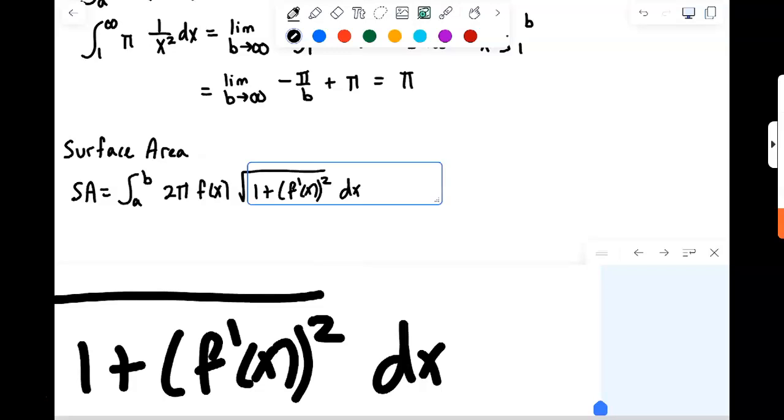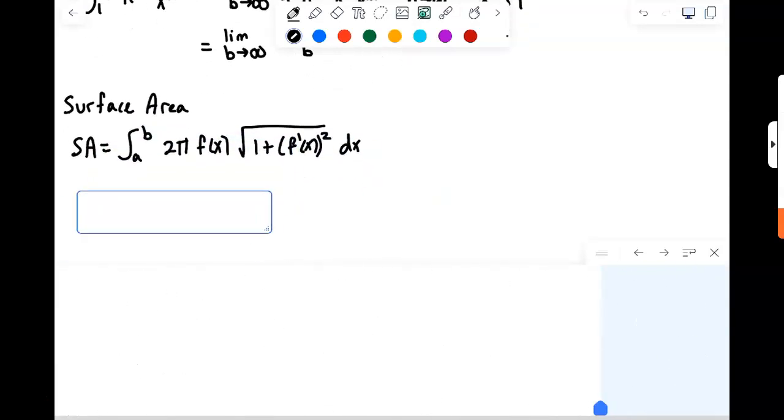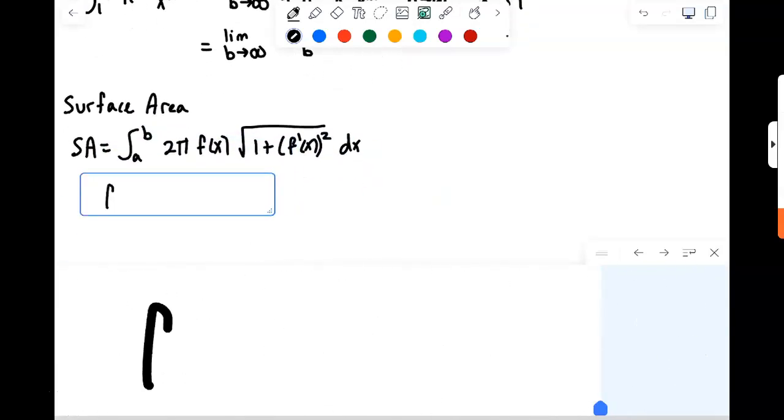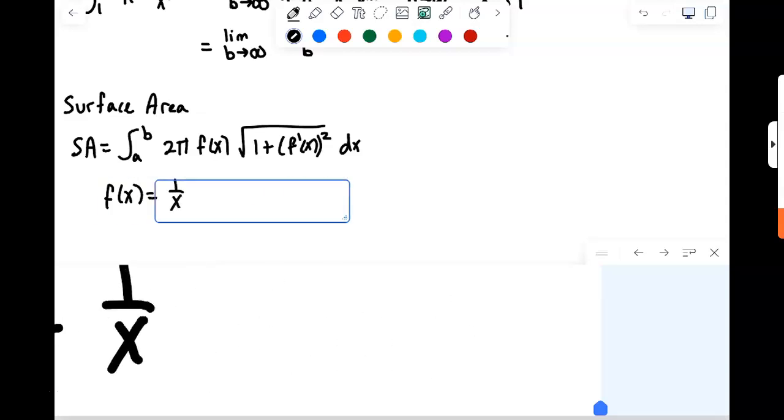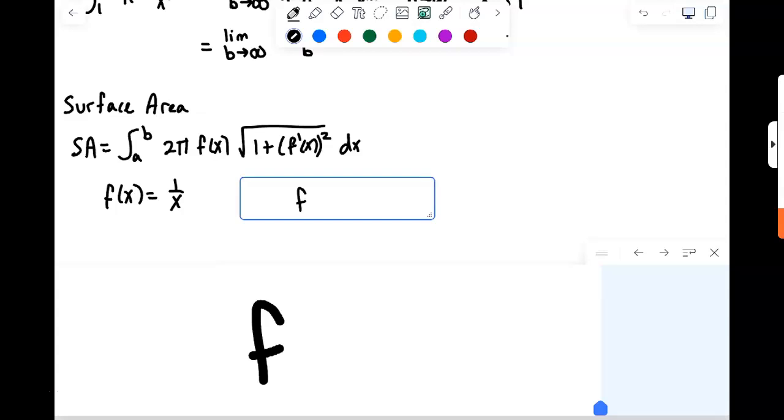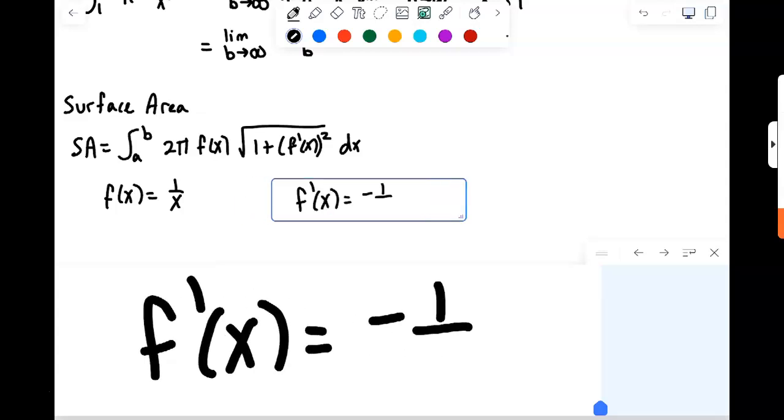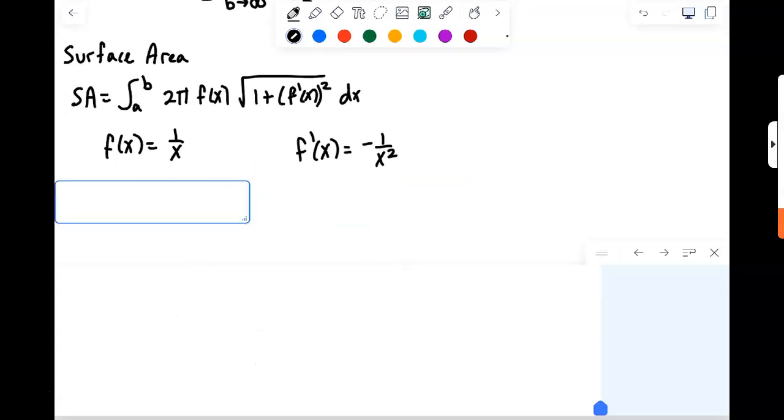So let's take a look at that here, and we're going to try to work out this integral here. So first things first, f of x is just our 1 over x function, and f prime of x is the derivative of that. It should be negative 1 over x squared.